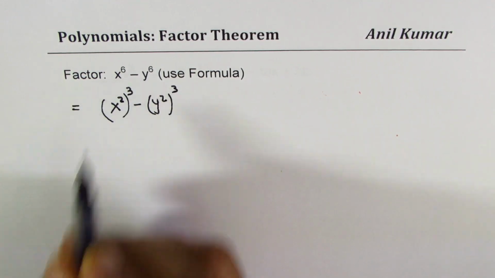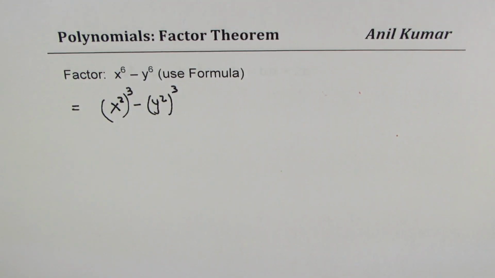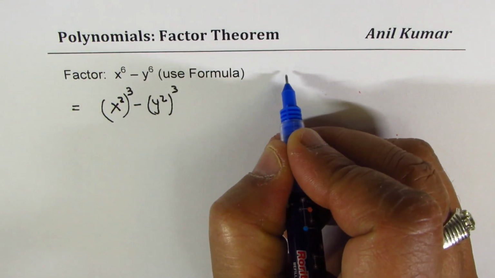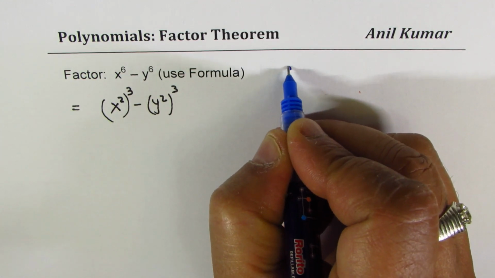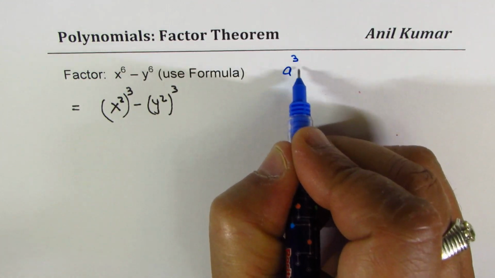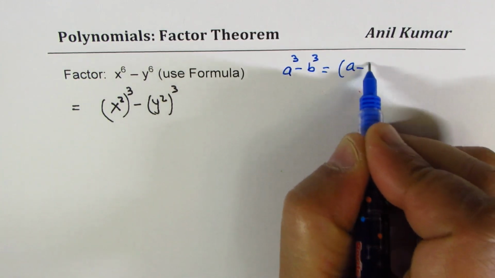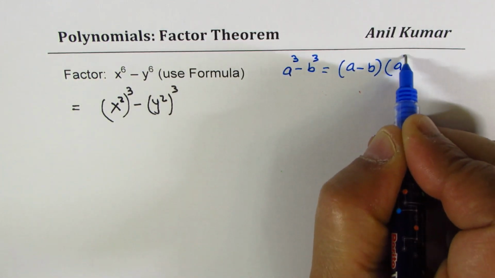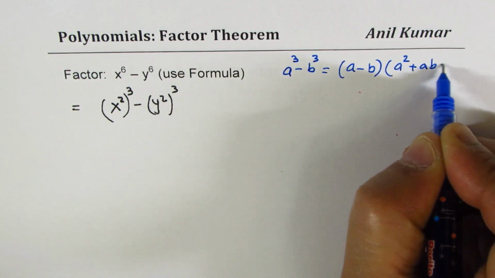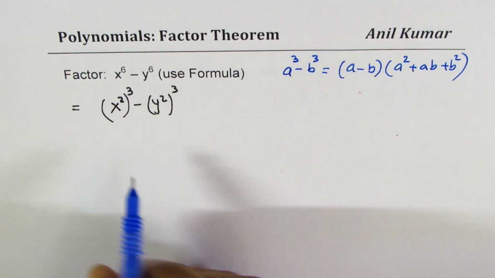Right, so that is how we could write our polynomial. Now we could apply the difference of cube formula, which we just learned. Let me write in different ways. If I say a cube minus b cube, it could be factored as a minus b times a square plus ab plus b square, right?